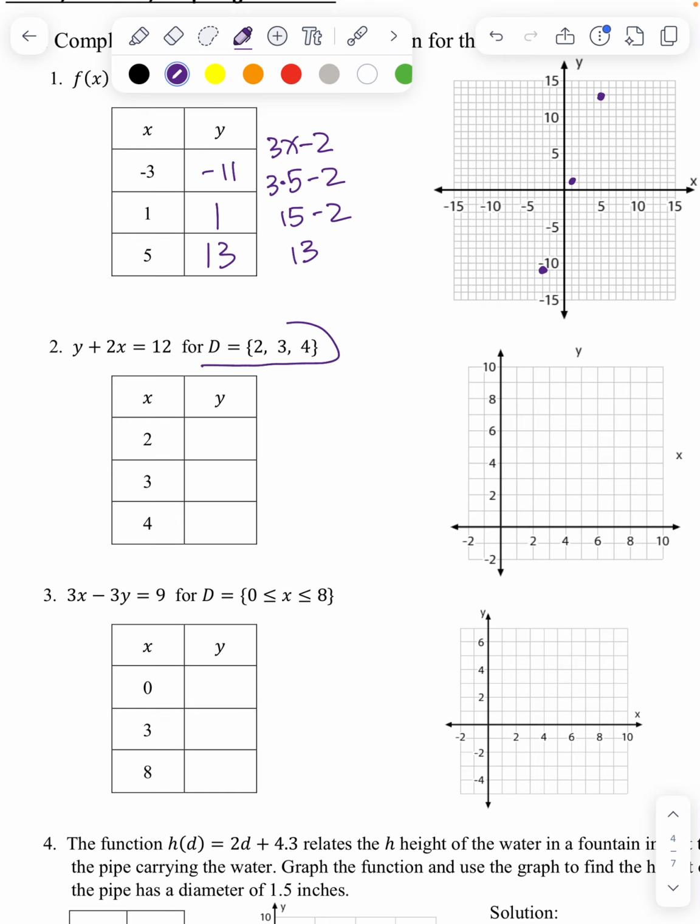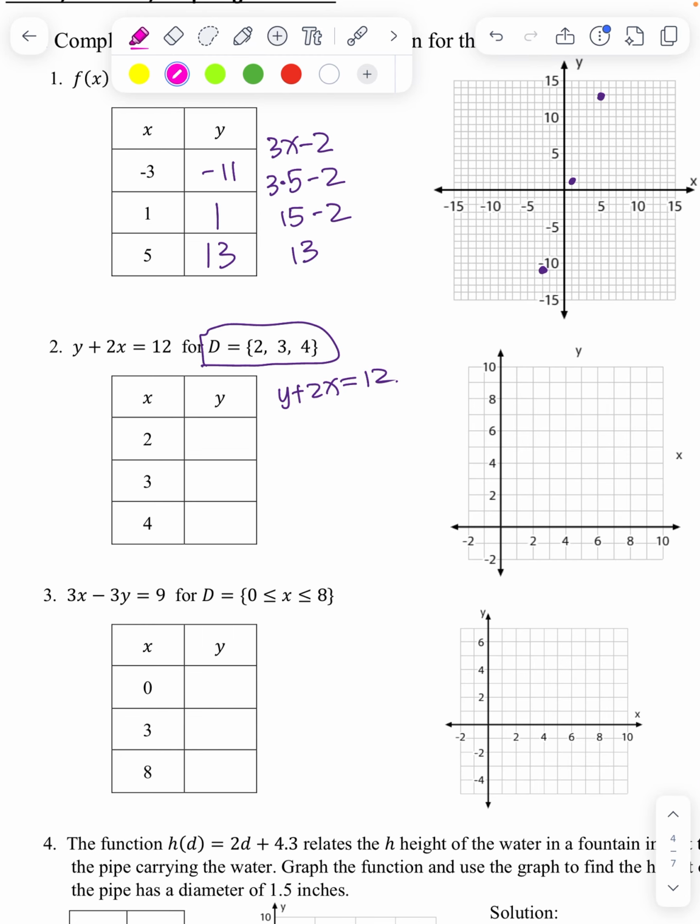Domain is all the x values, right? 2, 3, 4. The function is y plus 2x equals 12. We need to figure out the y value. I'm going to get rid of the positive 2x.